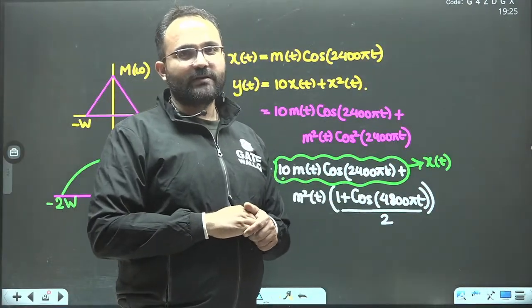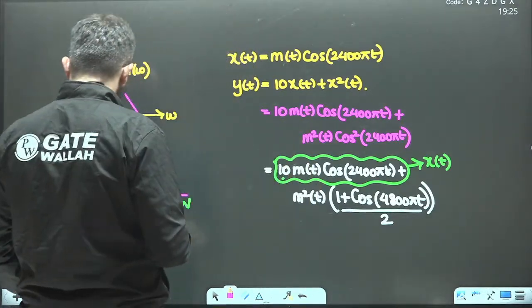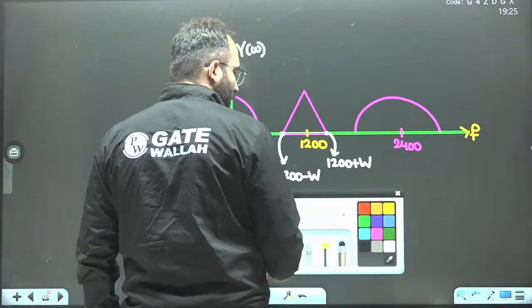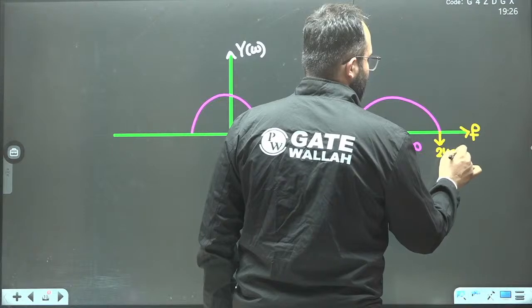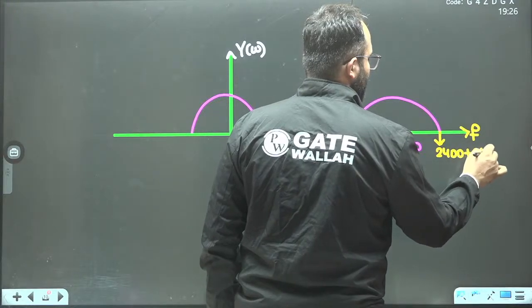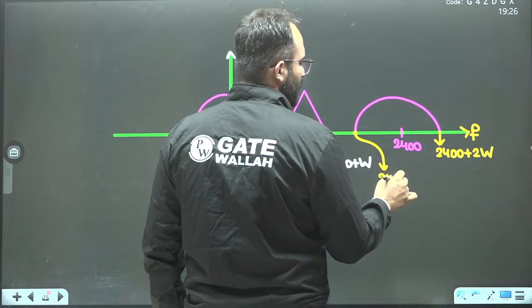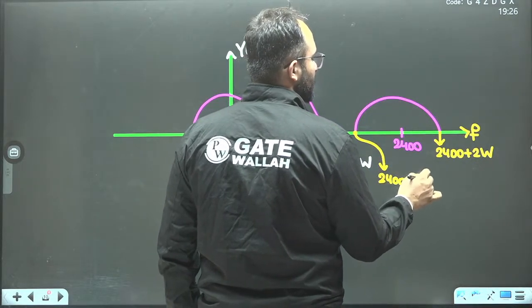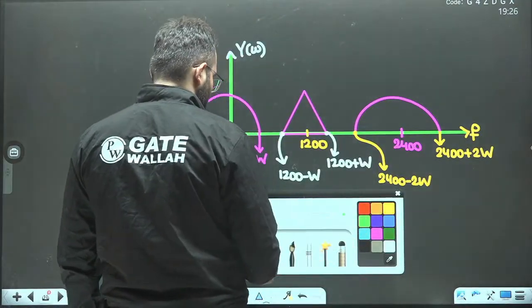So the Fourier transform will be shifted to 2400 Hertz like this, and this will be 2400 plus 2W, and this will be 2400 minus 2W.